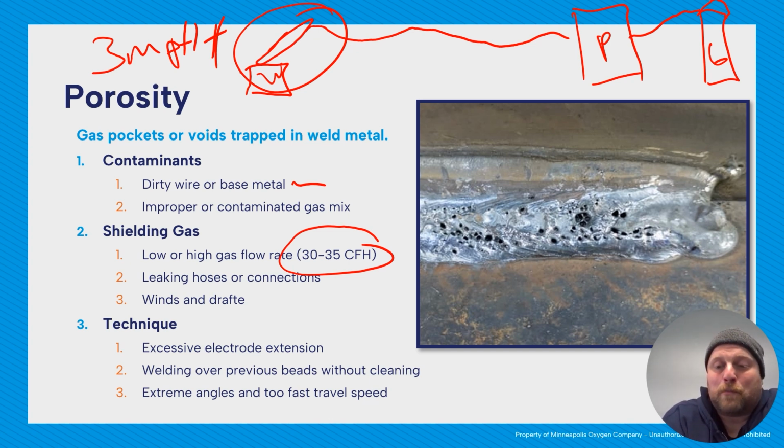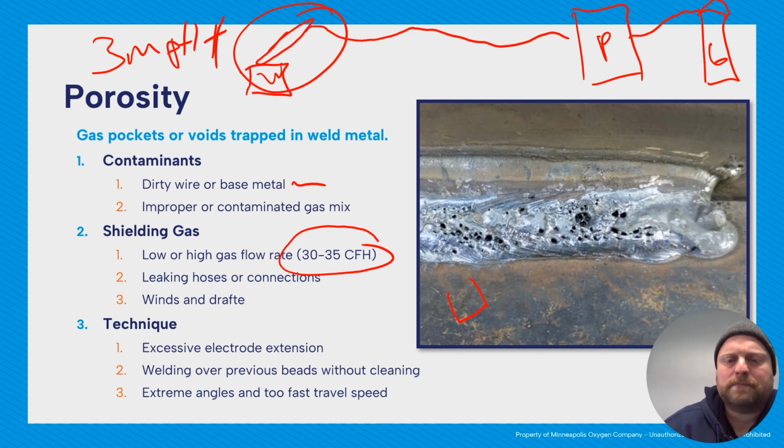People think that more gas equals better welding, but it's actually the opposite. If you have too low of a flow, you're not going to get enough shielding to protect from the atmosphere. Too high, and you actually create turbulence around the weld zone. This turbulence is known as the Venturi effect. You see it more with GTAW, but what actually happens is that it draws in outside atmosphere.